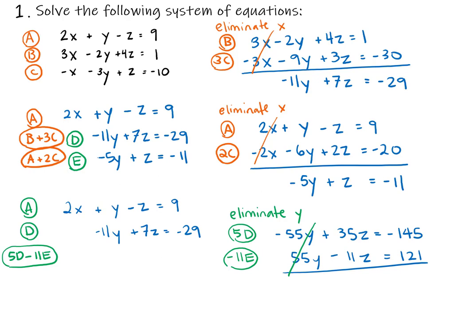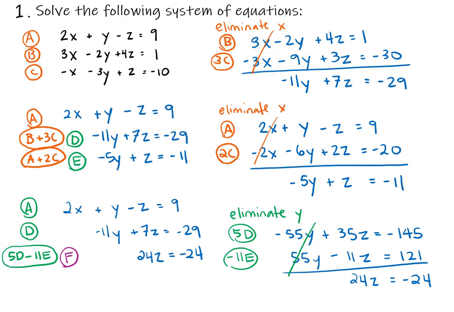Adding those together eliminates the y's, and I get 24z is equal to negative 24. So let me write that here. I get 24z is equal to negative 24. And let's just call that equation F.